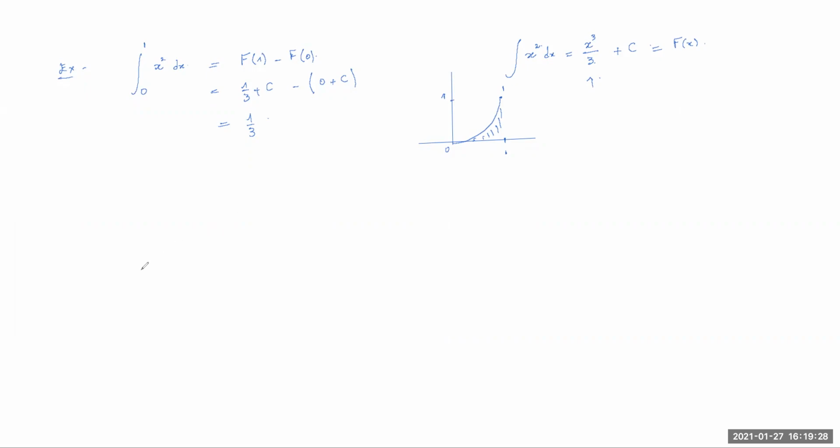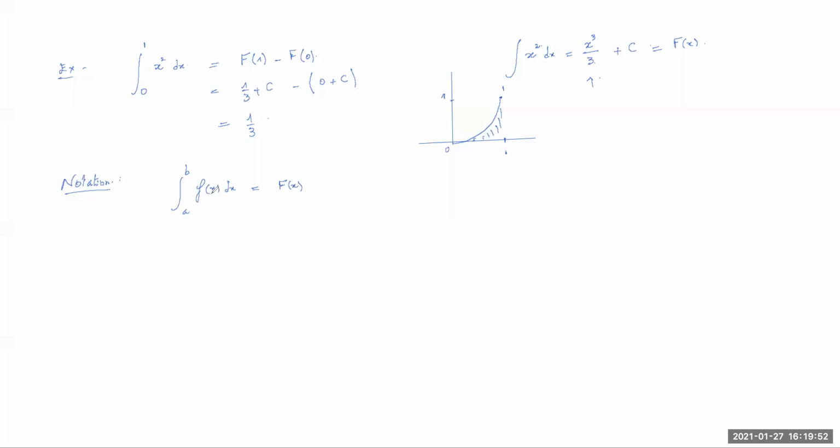Okay. There is a practical notation. Instead of referring to F each time, we can use this notation, F of x dx, or writing F of b minus F of a.